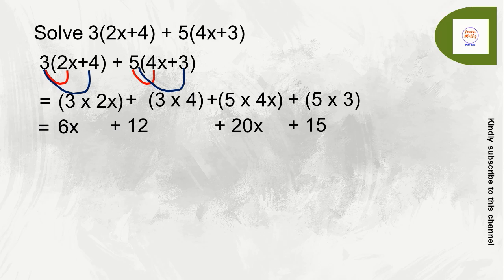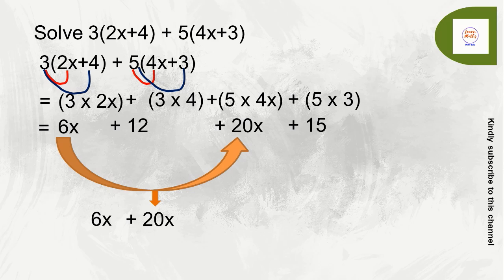So the next thing here, let's look at this expression again. There are still terms that look alike, so we can do ourselves a favor by bringing them together so that we can further break down the expression. 6x and 20x look alike, so we bring them together to have 6x plus 20x.